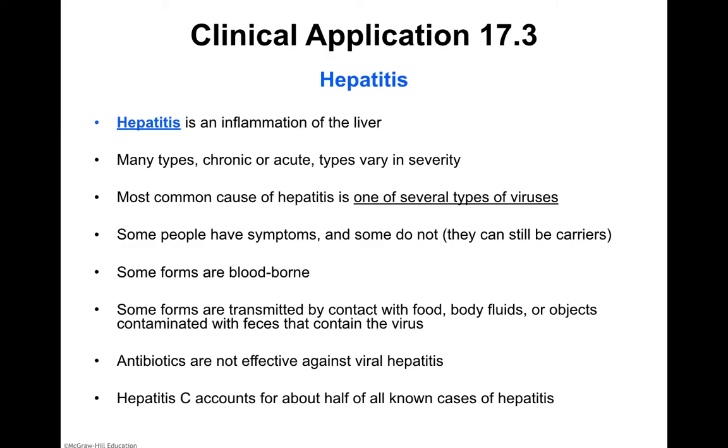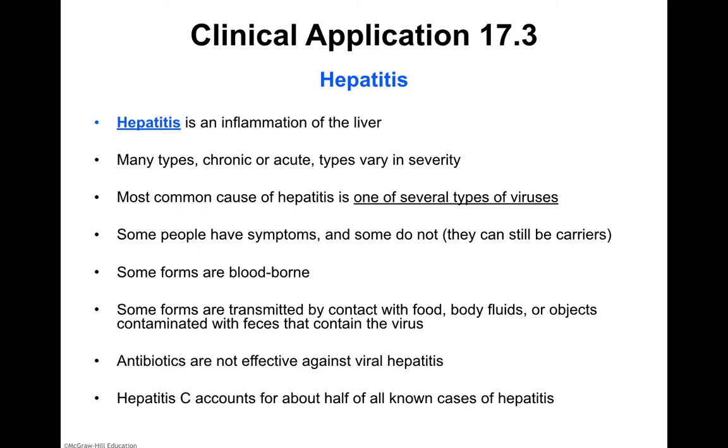Hepatitis is an inflammation of the liver. There are many types, chronic or acute, and the types vary in severity. The most common cause of hepatitis is one of several viruses. Some people have symptoms with those, some do not, but they're still carriers. Some of them are bloodborne pathogens. You probably learned about them in your bloodborne pathogen training.